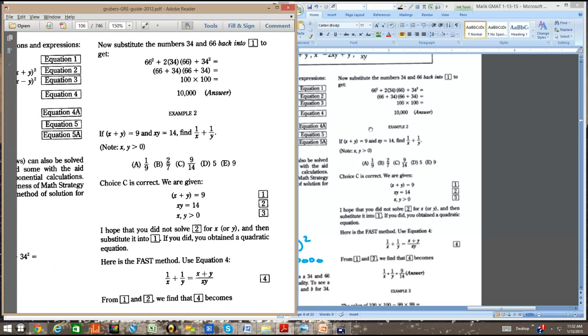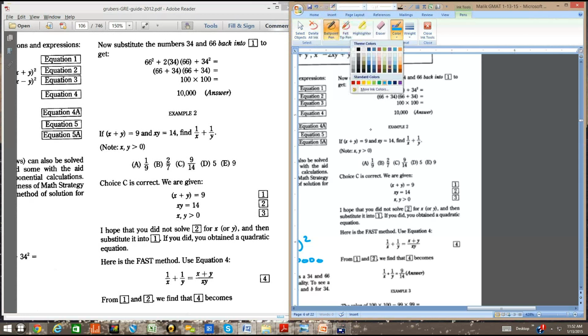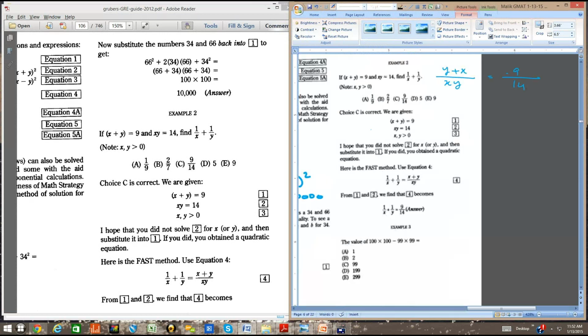You take a common denominator, which is xy. So you put xy at the bottom, and at the top you have y plus x. What is xy? It's 14. What's x plus y? 9. That is it. You know how to take a common denominator.